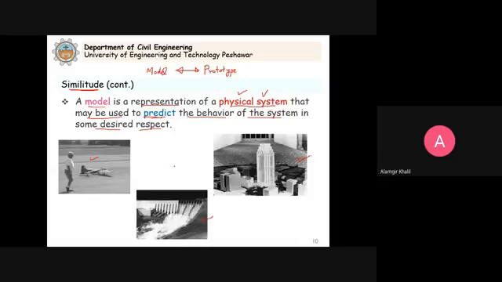There we use a carburetor. What is a carburetor? If you remember, it mixes the air and the fuel in the required ratio for combustion. That is small in size, clear? So we might study the flow in a carburetor in a very large model. Maybe we would like to study that phenomenon in a large model to better understand it and then transfer the results.